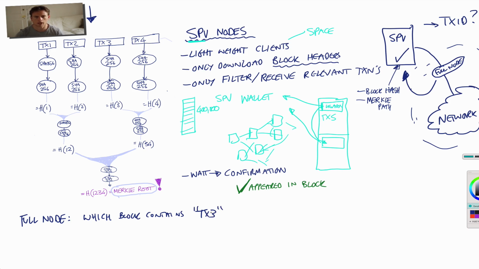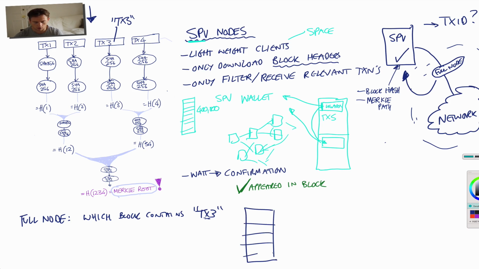And by TX3 I mean the actual transaction ID of the particular transaction, the transaction hash. I don't mean the string TX3. So this is the transaction ID of TX3. So the full node has been asked by this SPV node, the simple payment node, which block contains TX3, if any. And the full node is going to look in the blockchain that it has.